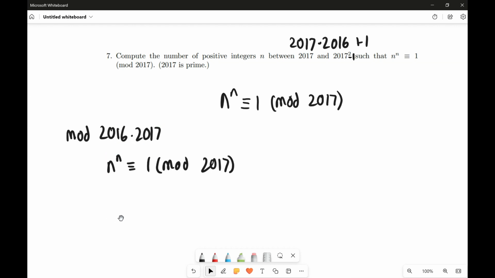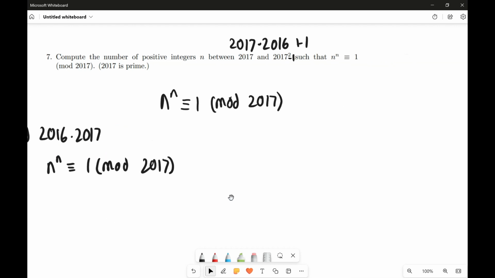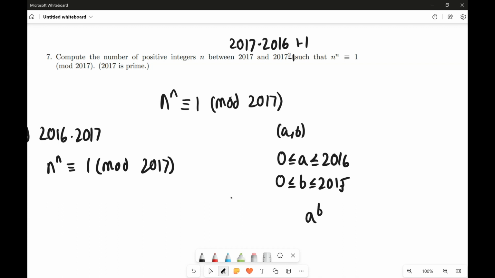And by this Chinese remainder theorem, we want to find out the number of ordered pairs A, B, such that 0 is less than or equal to A is less than or equal to 2016, 0 is less than or equal to B is less than or equal to 2015, and A to the power of B is equivalent to 1 modulo 2017.